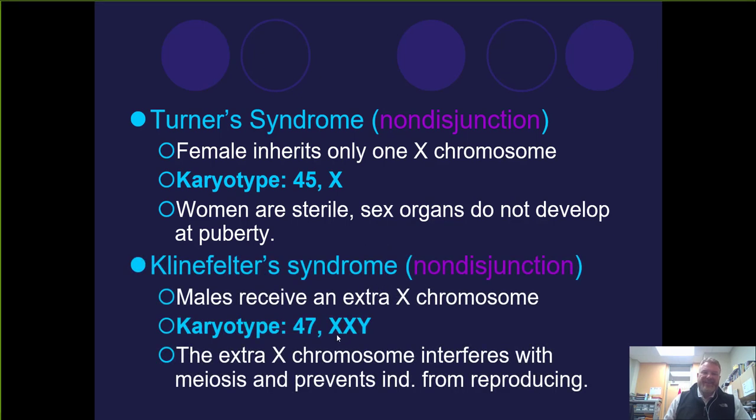Klinefelter syndrome is another one. We have XXY. These are all caused by non-disjunction. At the bottom of the karyotype, you would see X, X, Y, or for Turner syndrome, you would just have X and then a blank.